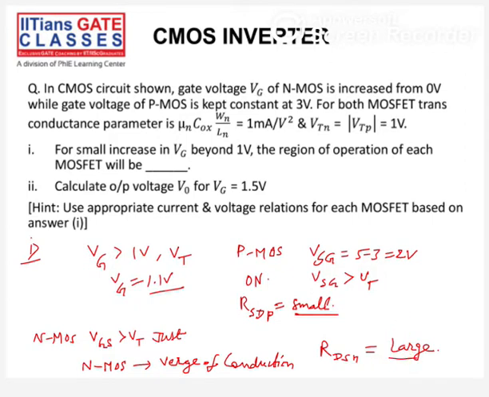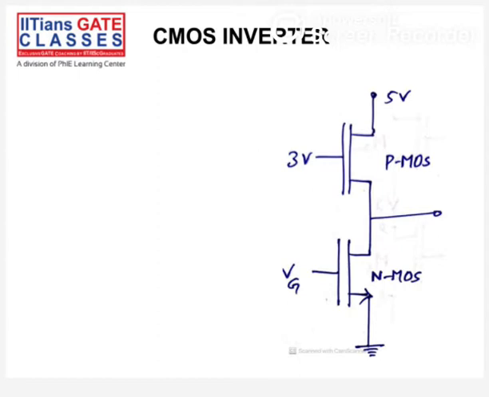So I can show you this by this diagram. I have the output here, I have 5 volt here, and these two resistances are there. So this is RSDP, and this is RDSN.